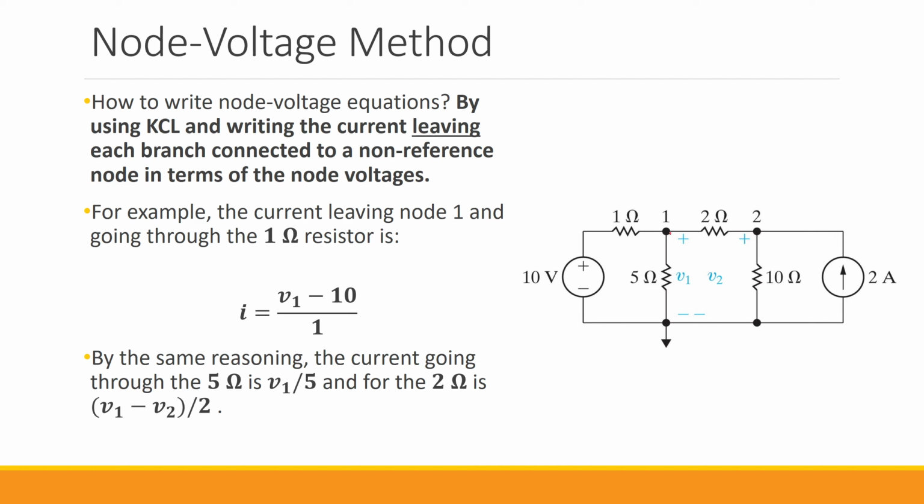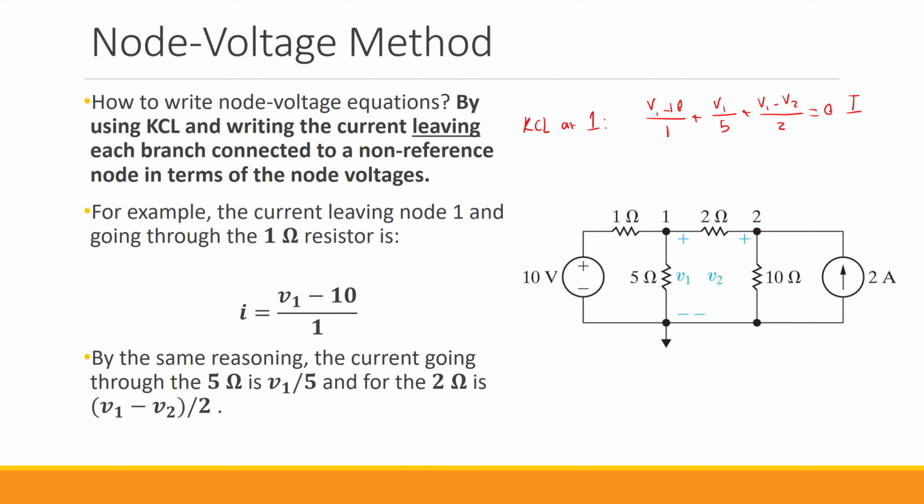So if I want to summarize this, I just say KCL at node 1. It's going to be V1 minus 10 divided by 1 plus V1 divided by 5 plus V1 minus V2 divided by 2 equals 0.